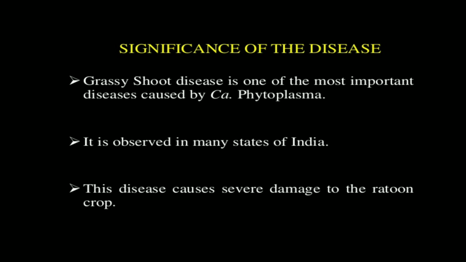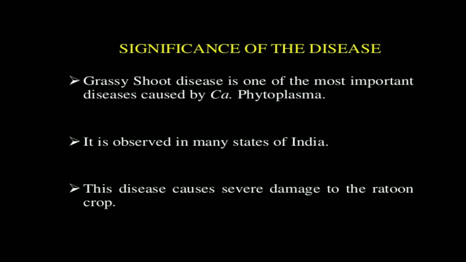So this grassy shoot disease is one of the most important diseases caused by phytoplasma, right? It is one of the mycoplasmas. It is observed in many states of India, like Maharashtra, Madhya Pradesh, Uttar Pradesh, Karnataka, Gujarat, right?